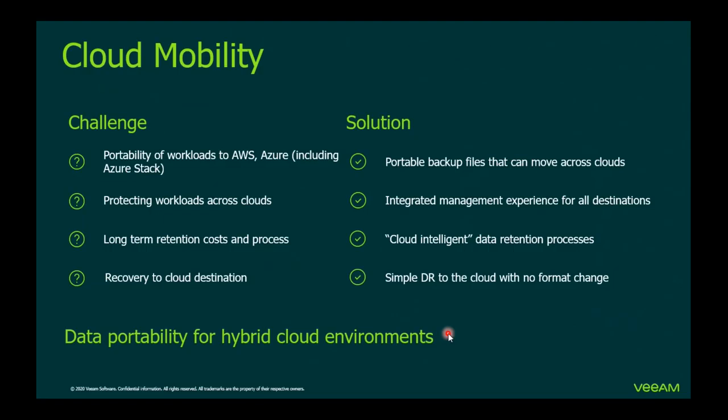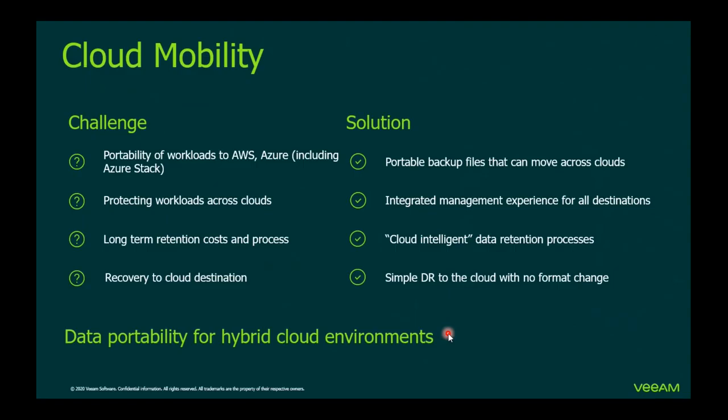First, when it comes to portability of your data, we give you a portable file which is .vbk or .vib, which can be restored anywhere. It's a portable backup file. Either it can be restored on premises or onto the cloud itself.